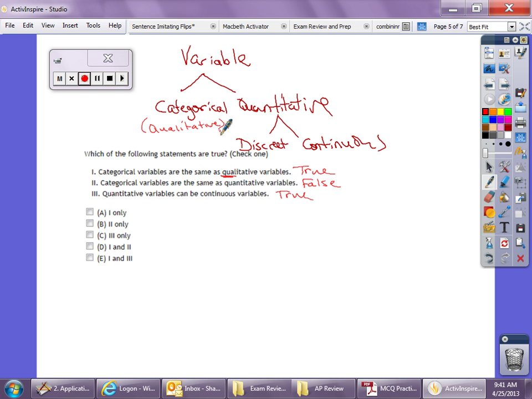Okay, it doesn't always have to be just whole numbers, but typically that's the type of discrete variable we look at. Continuous variables mean that there is no interval at which you have to stop measuring. It's a continuous variable. Okay, so because statements 1 and 3 were true and statement 2 was false, letter E was the correct answer.